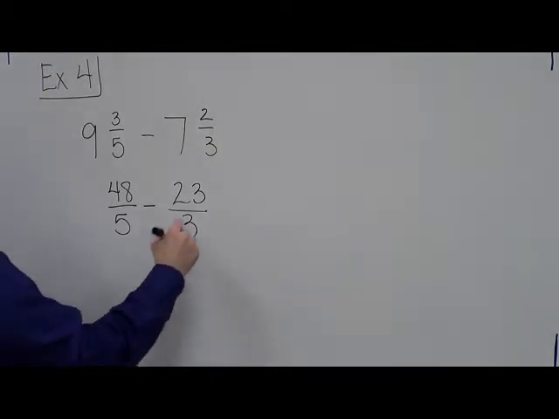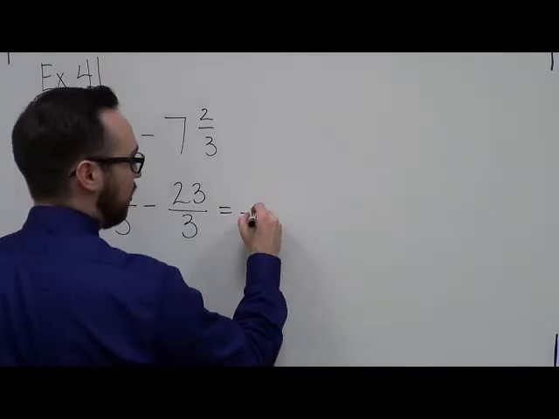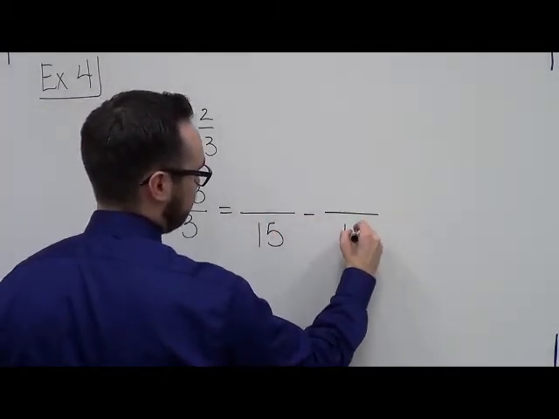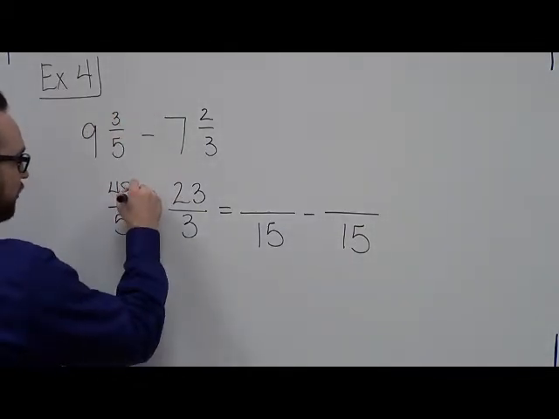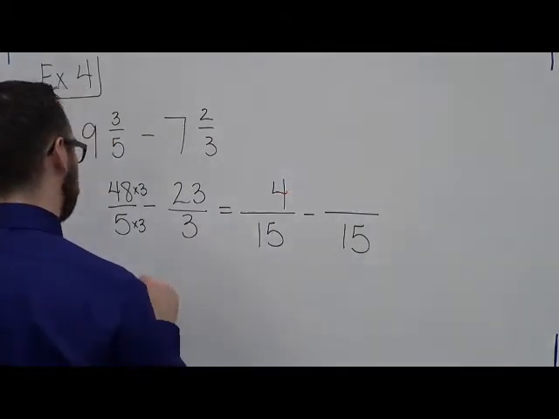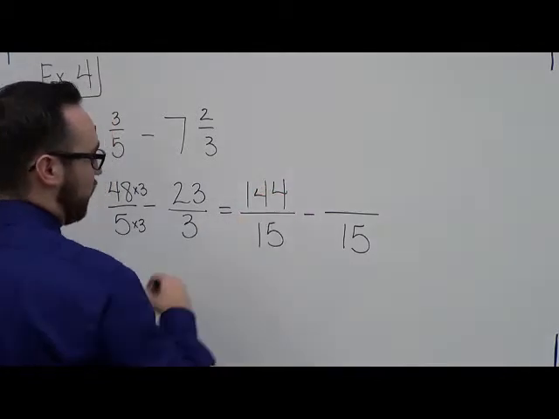So now we need these to be like denominators. So again, 5 and 3, the least common multiple is 15. So 5 times 3 means I have to do 48 times 3, which is going to give me 144.